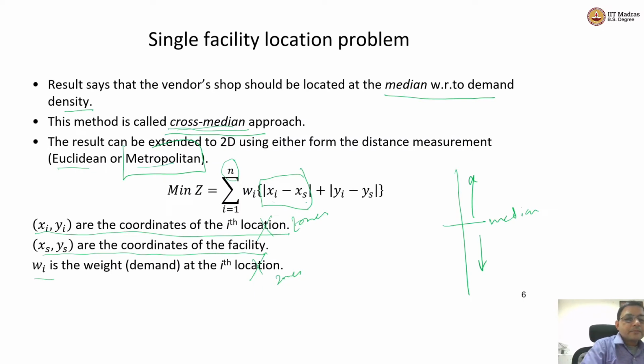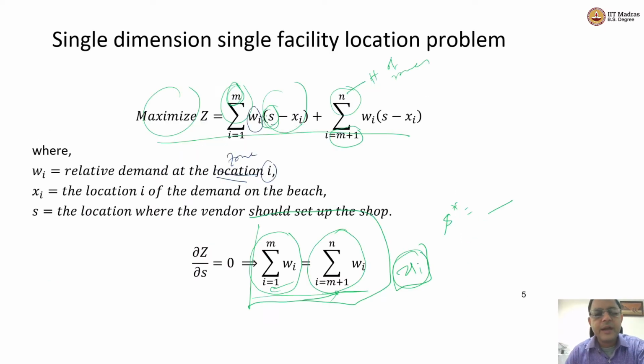So the total distance travelled in the x-axis is this, and the total distance travelled in the y-axis is this. Multiply that with the corresponding weight, and you are still minimizing the total weighted distance travelled by the consumers, which is the same objective that we had earlier.